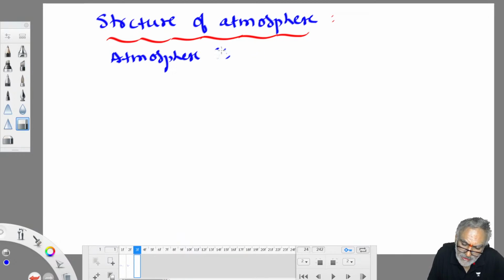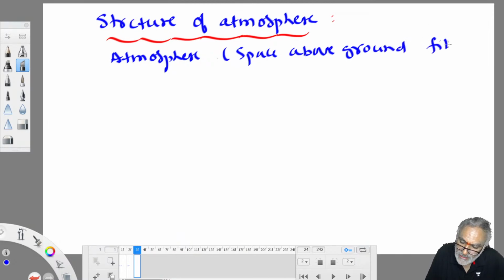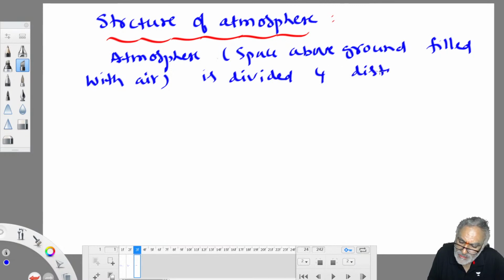Atmosphere means the space above the ground, filled with air. That's the reason why we need to talk about atmosphere.